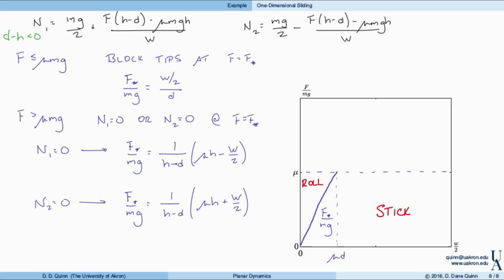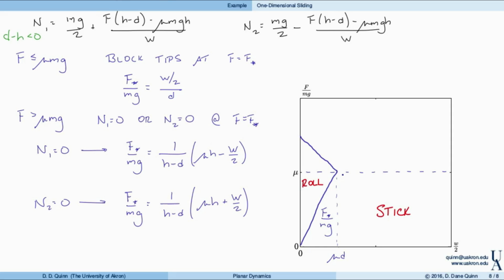Let's look at this case first. This is the corresponding case to what we had last time, where N1 vanishes and we rock in the sort of positive way. Now, if I draw that line, so again, F over mg has to be greater than mu, and this line looks like the following.